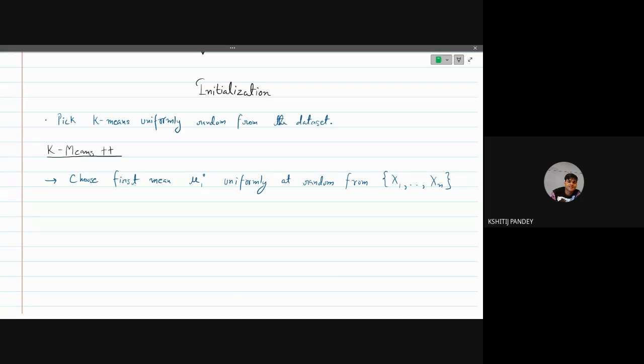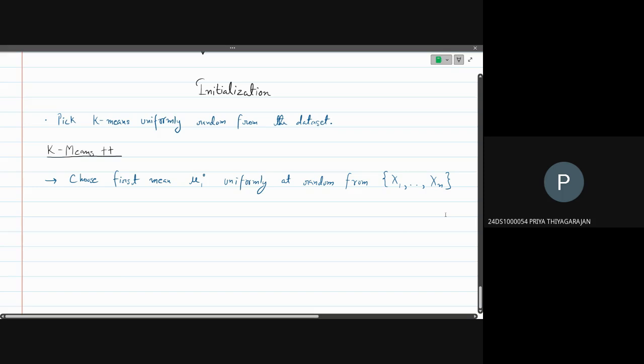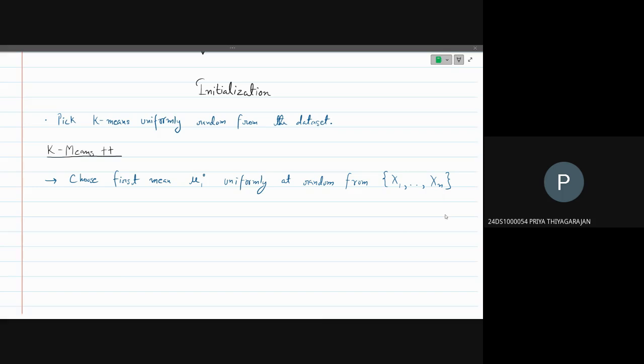Tell me one thing. What is the definition of a good cluster? What are the characteristics of a good cluster assignment? We have discussed that already, right? The distance should be minimum; it should satisfy the objective function.